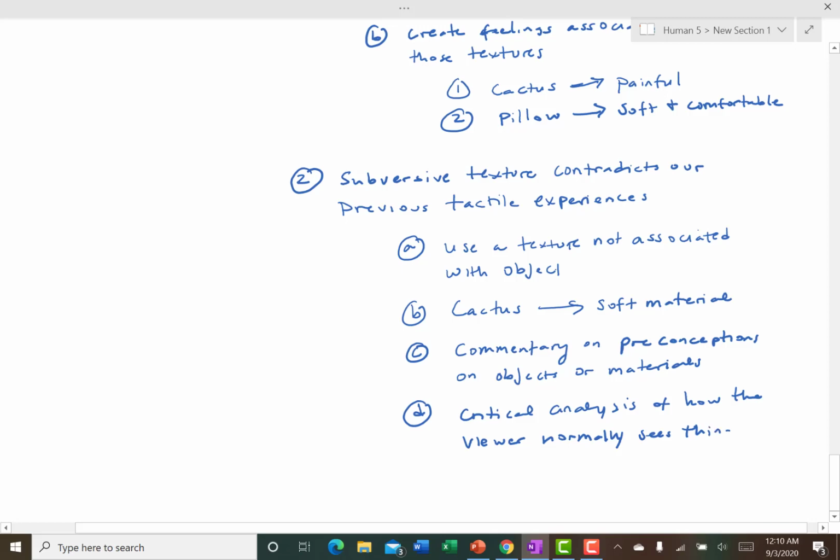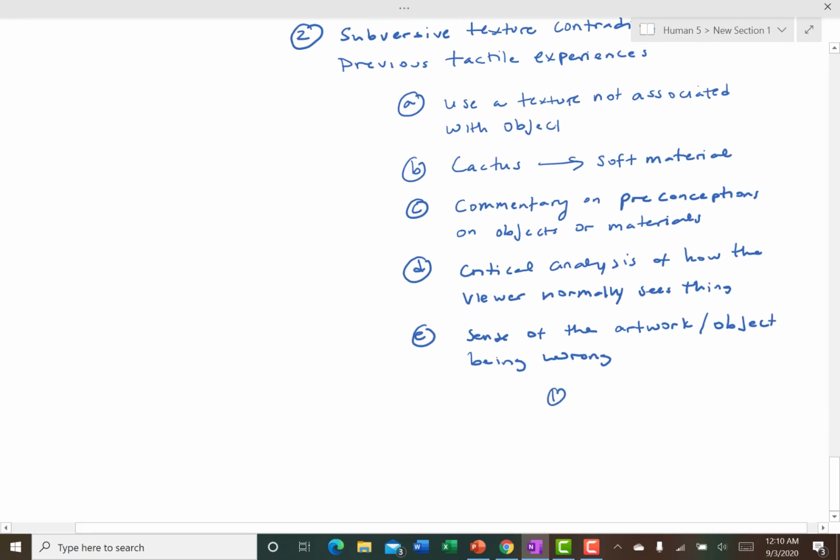It can also be done, and it gives you a sense of the artwork or object being wrong, because we naturally expect it to be one way. And so what this does is it makes you stop and think.